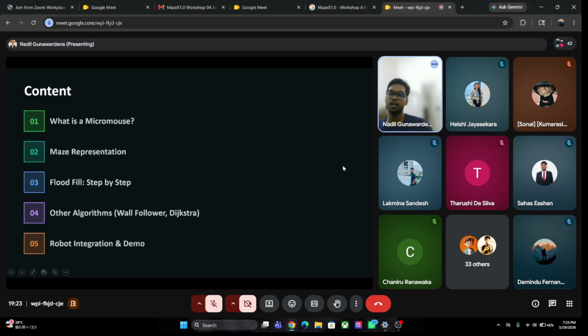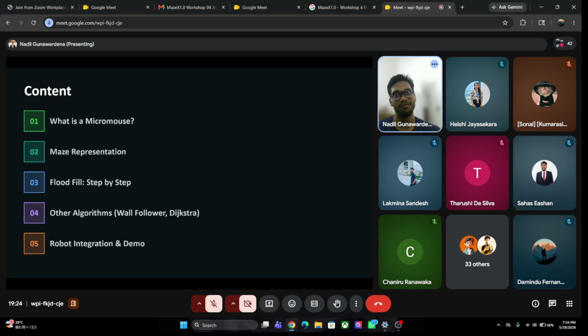For today's content, I will tell you a little bit about what the micromouse competition is and how to represent a maze. The maze is actually a 2D matrix, so I will explain how to represent a maze and how to store a maze in a microcontroller, and also the flood fill algorithm, the algorithm that is vastly used by all the micromouse.